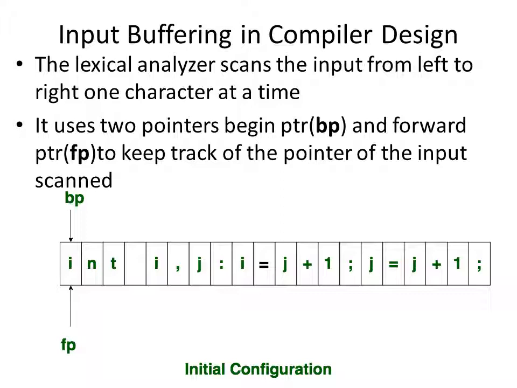The lexical analyzer uses two pointers called the begin pointer and the forward pointer, where the begin pointer is represented as PTR of BP and the forward pointer is represented as PTR of FP. These two pointers are used to keep track of the input scanned. So this is the initial configuration of the lexical analyzer.